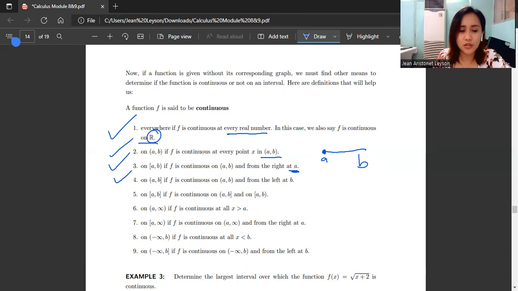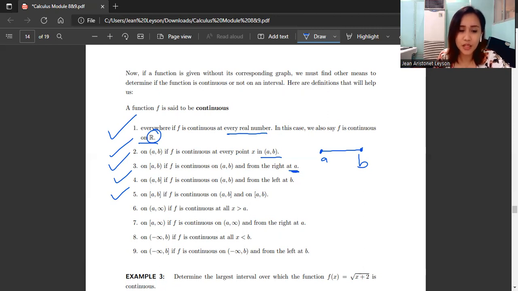Number 4, on (a, b], b is included, that's closed on b, if the function is continuous on (a, b) and from the left at b. From here, going here, but b is included. Number 5, on the closed interval [a, b], if the function is continuous on both [a, b) and (a, b]. Meaning a and b are both included.